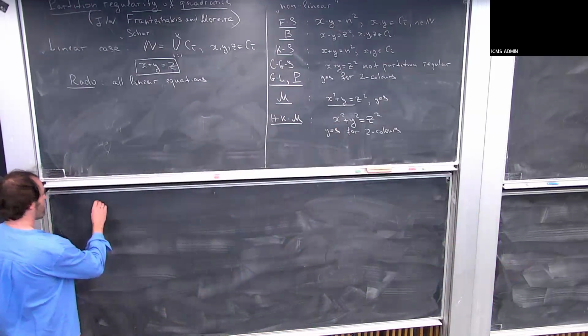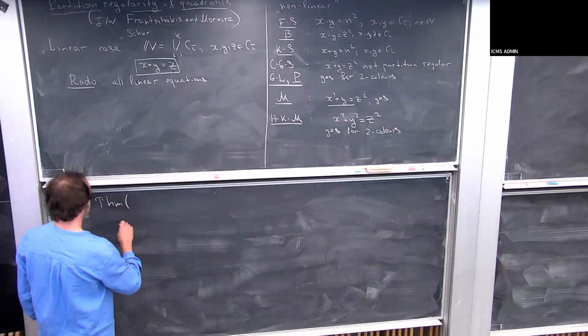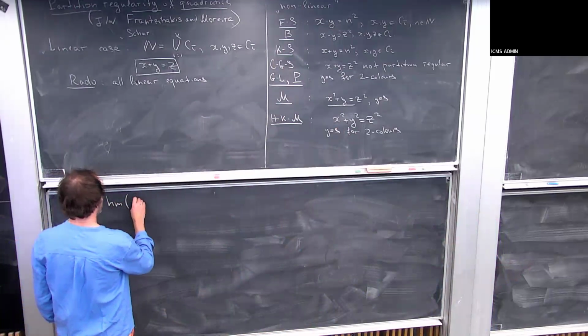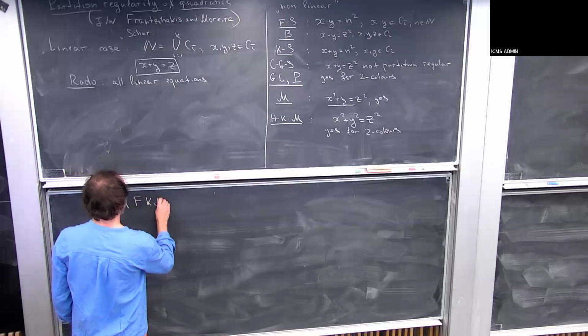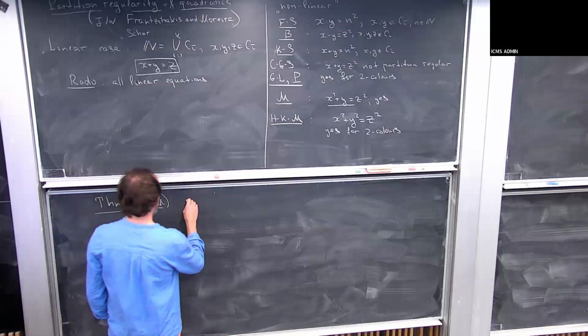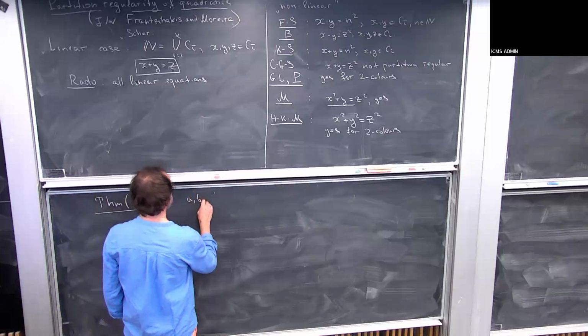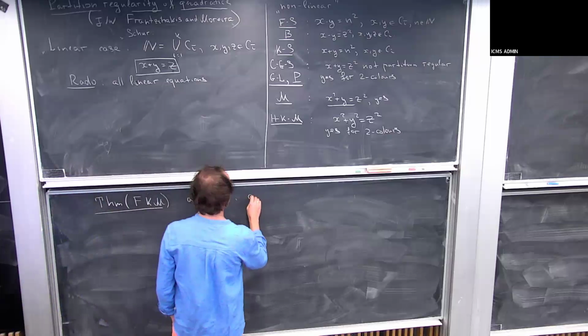So the theorem that I want to talk about today is with Nikos and Joel, and is the following. Suppose I give you three integers. I look at the equation.